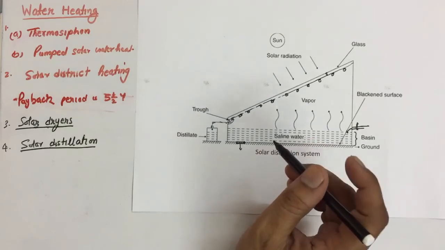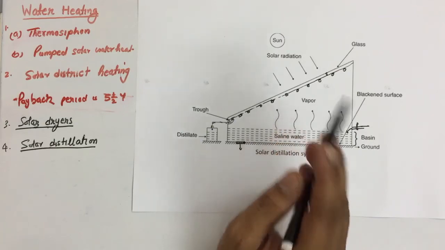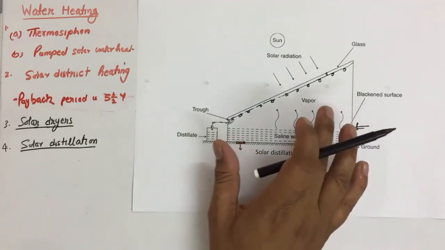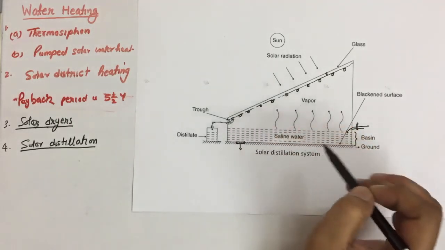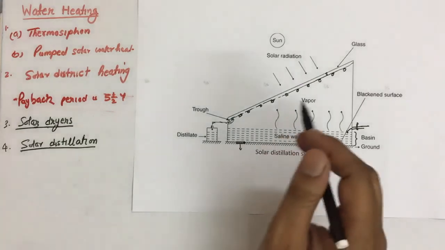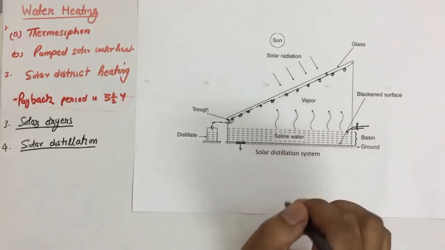And the next, it can be manufactured at the local level. No skilled manufacturing is required for this type of distillation system. And there is not a big investment. Only a few things are required. That is very cost effective as well. And it can purify highly saline water, even seawater as well.